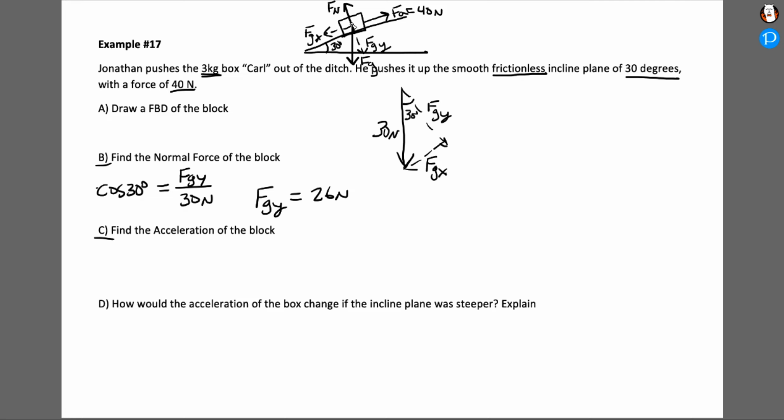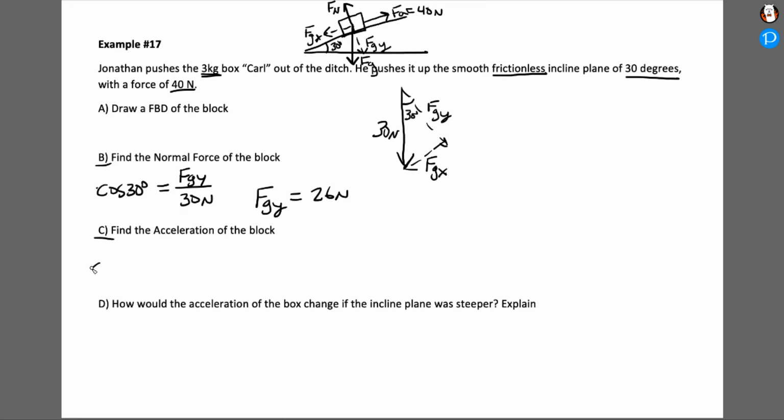So in this case, I want to figure out what's the net force now along this axis here. I've got 40 newtons pushing up, so now I need to figure out what is working against those 40 newtons. So I've got to figure out what's the force of gravity in the x direction. So let's think about that. That's going to be right here. So that's opposite over hypotenuse.